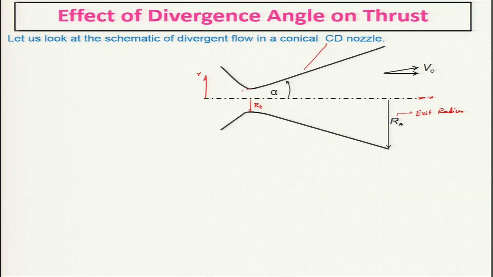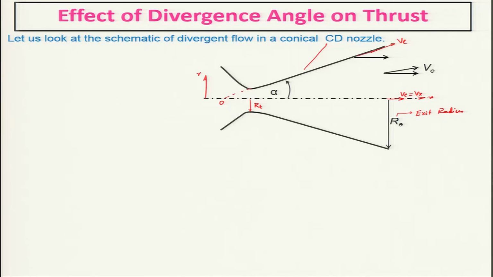If I take this as the origin, it makes an angle alpha. If I consider the flow to be along the wall, at the exit the velocity VE makes an angle alpha.